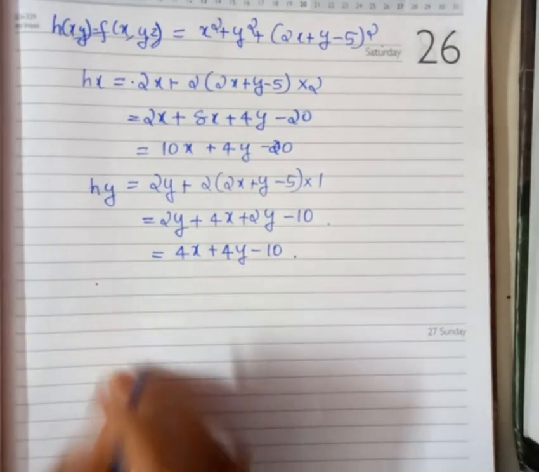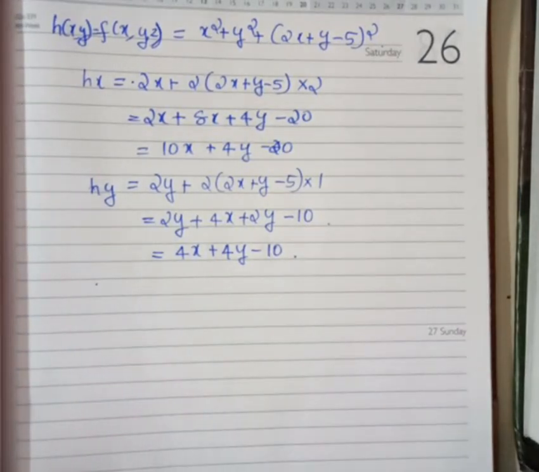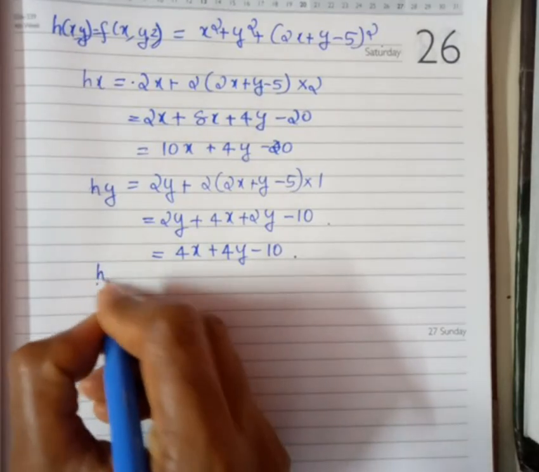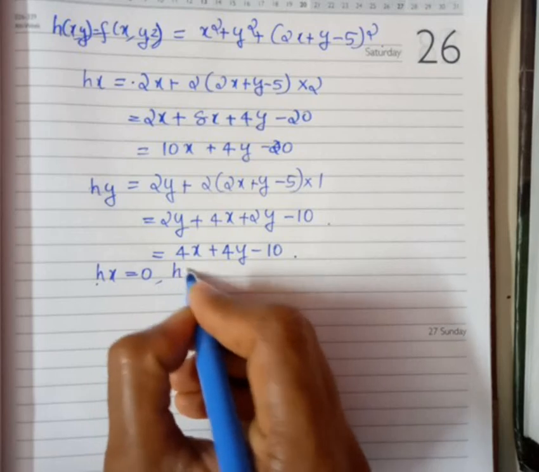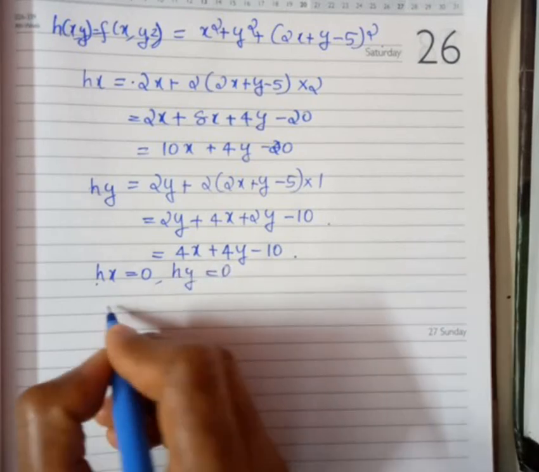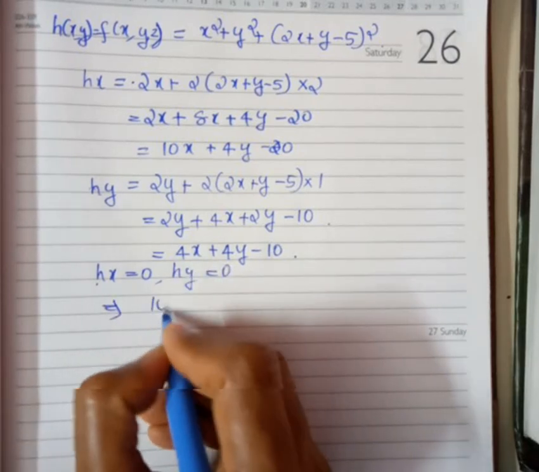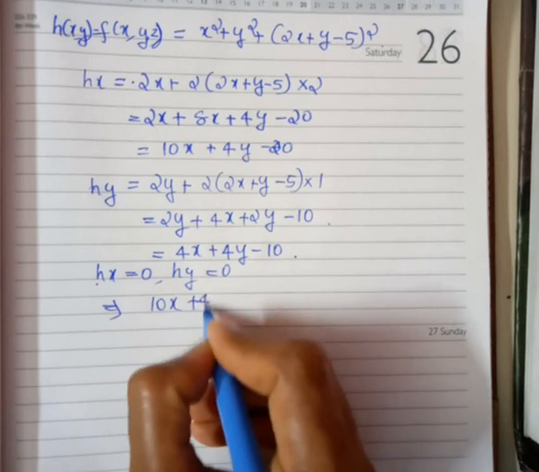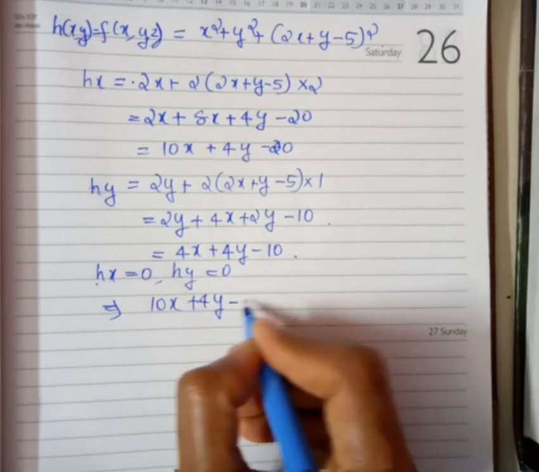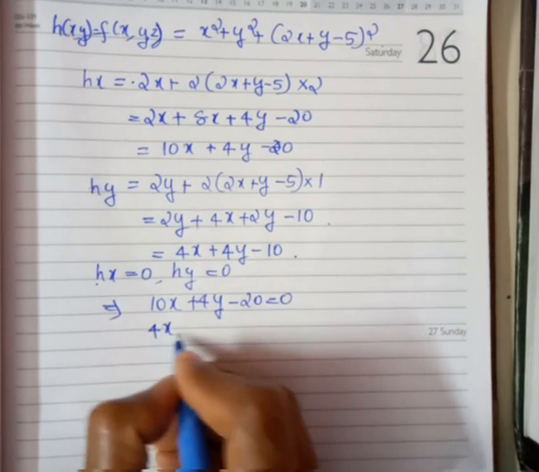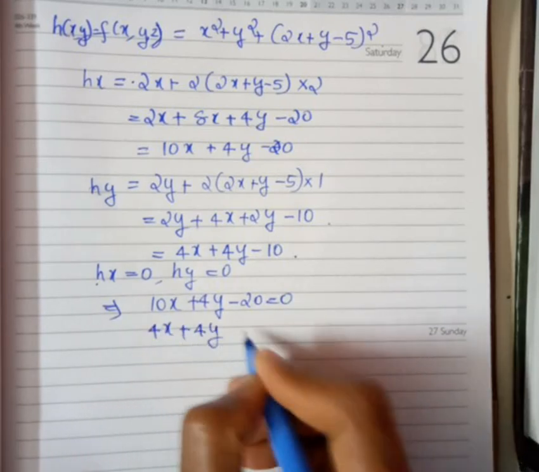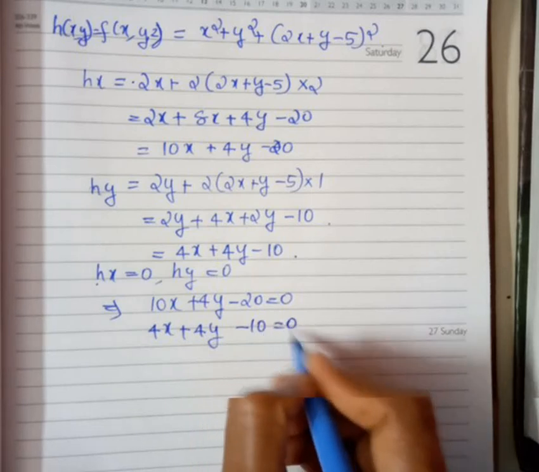So in order to find the critical points, first we have to substitute hx equal to 0 and hy equal to 0, which implies 10x plus 4y minus 20 equal to 0 and 4x plus 4y minus 10 equal to 0.